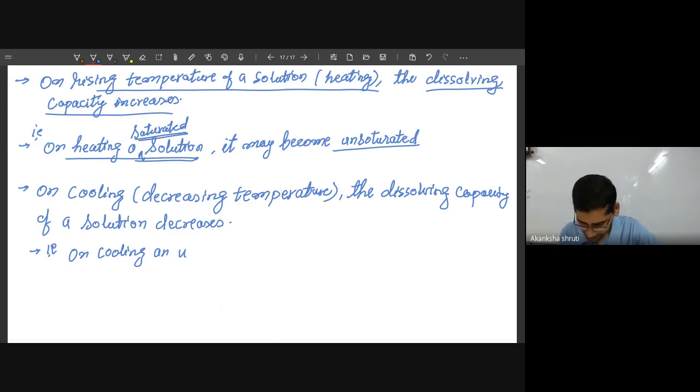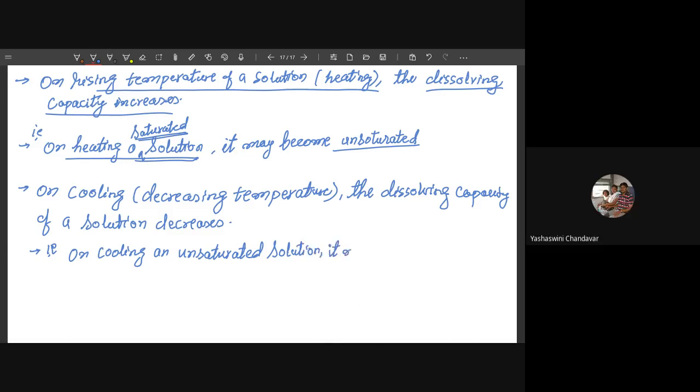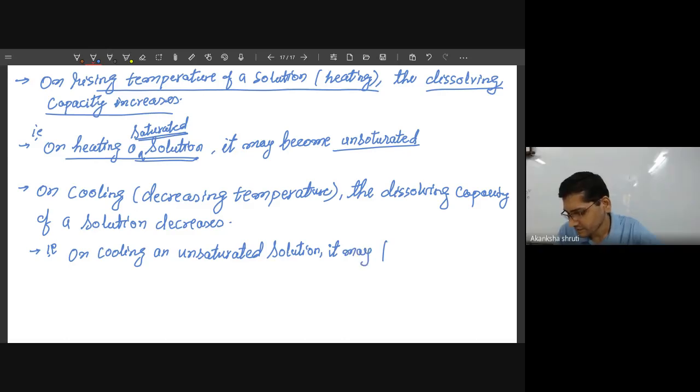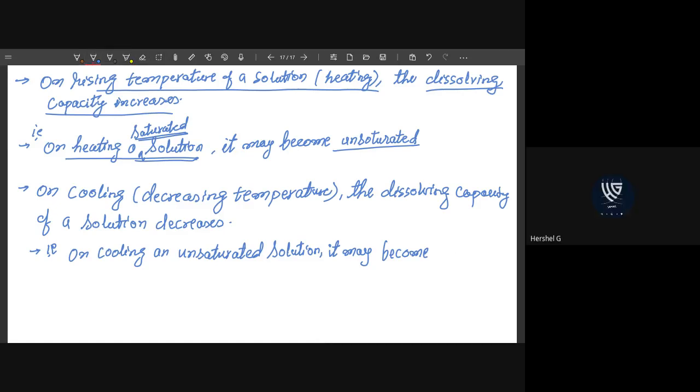Very good. On cooling an unsaturated solution, it may become saturated. Very good. So unsaturated to saturated.